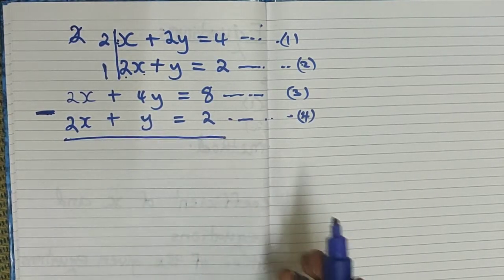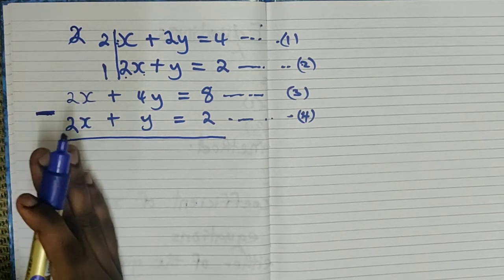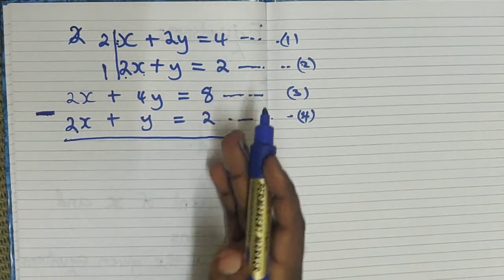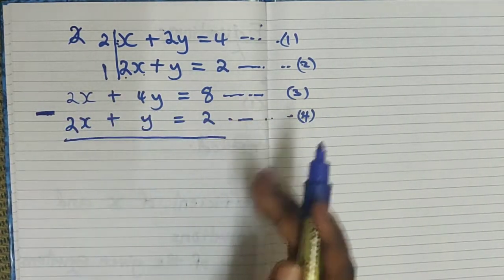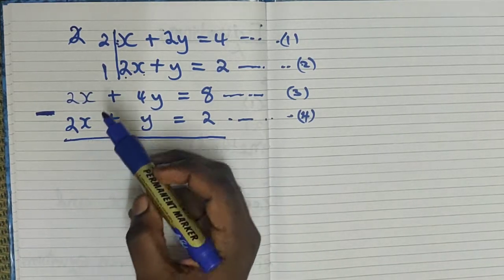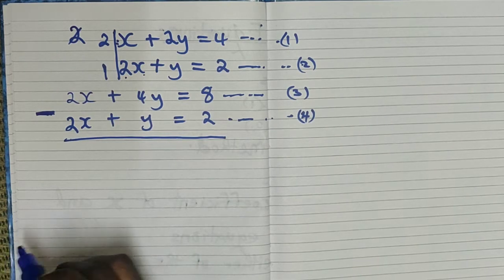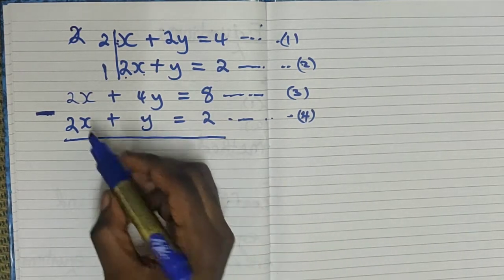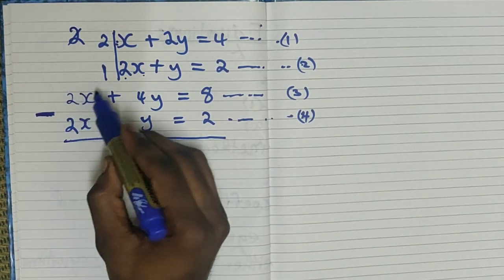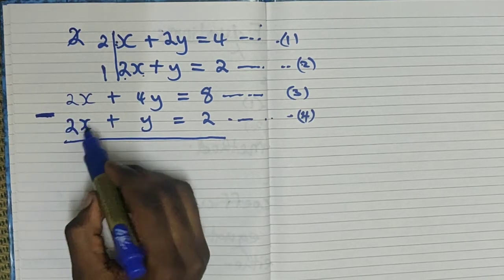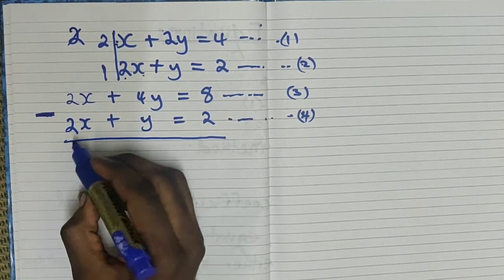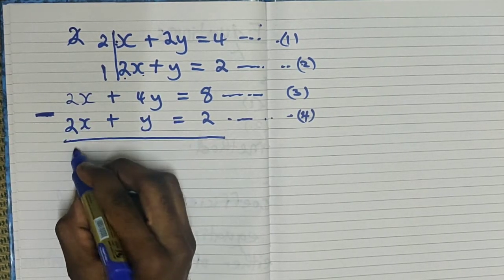Always make sure you arrange your equations in a vertical manner, so that you can ease your subtraction. So 2x minus 2x is what? 0. Let me put a 0 so you can see.